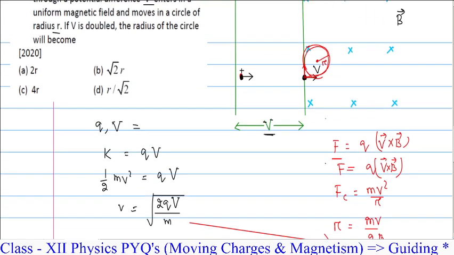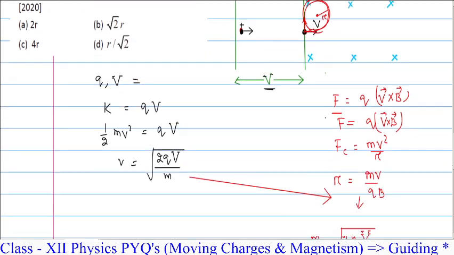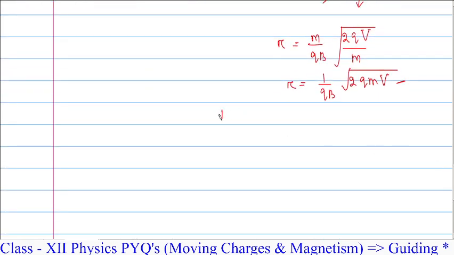Next, what it is saying is, if V is doubled, then what about the radius? Let the potential difference V prime become twice of V. Then what about the new radius?